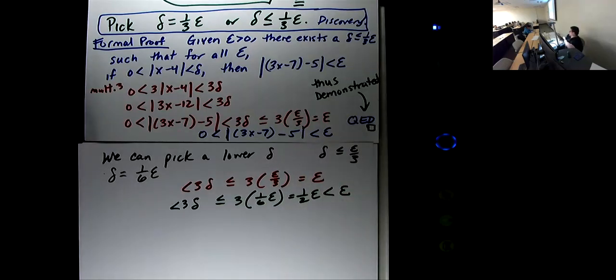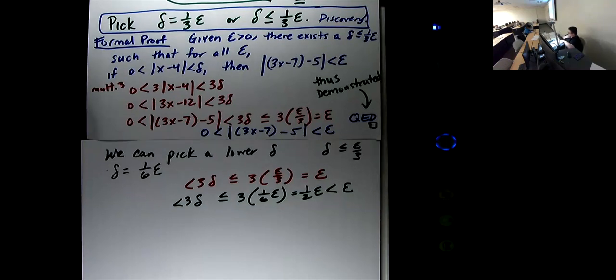So the proof still works. You can pick any delta as long as it's less than it. But we use the 1/3 one as a line.